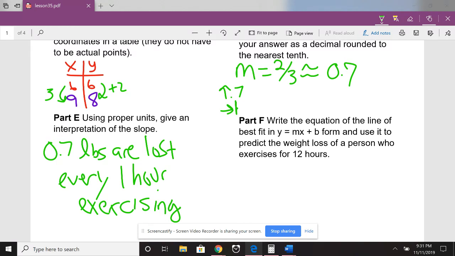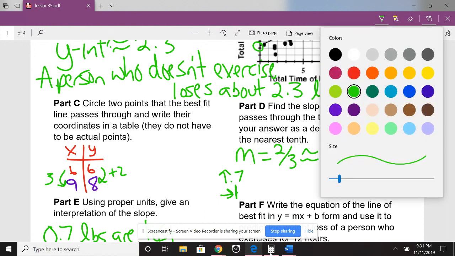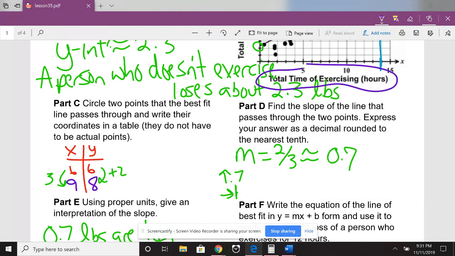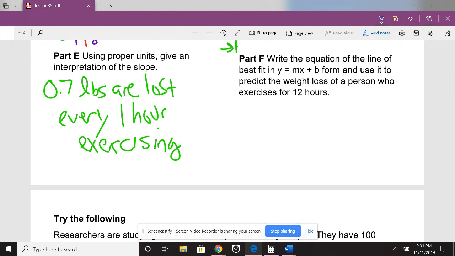Write an equation of the line of best fit in y equals mx plus b form and use it to predict the weight loss of a person who exercises for 12 hours. So remember, hours exercised is my x, so we would take that number and plug it in for x. But let's first write our y equals mx plus b equation. We have our slope, we have our intercept, so our equation is y equals 0.7x plus 2.3.